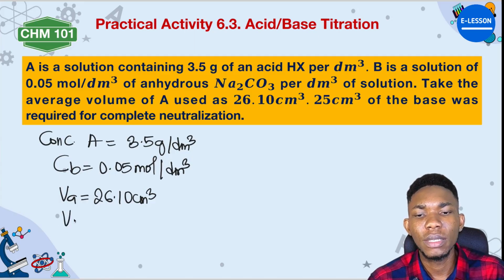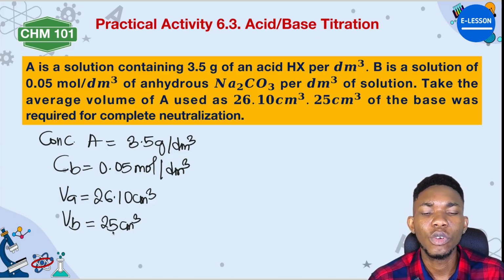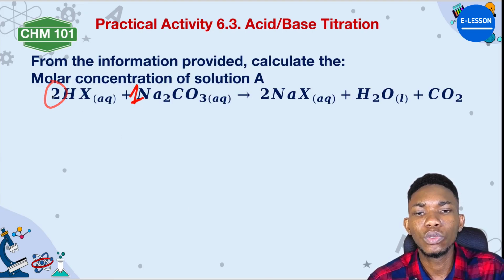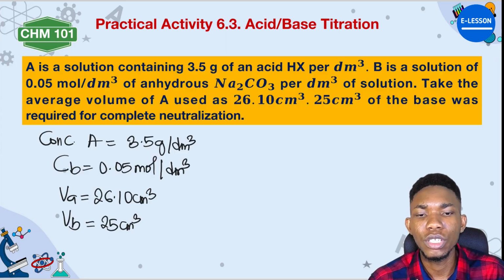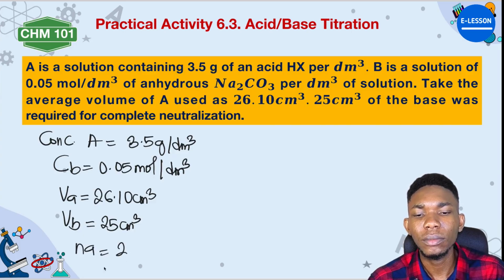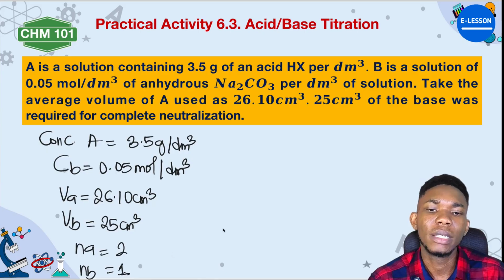And that of the base, Vb, is 25 centimeter cube for complete neutralization. Now, from the equation, you can see it here. They give you the equation of reaction. Na is 2, Nb is 1. So it's 2:1, my dear student.